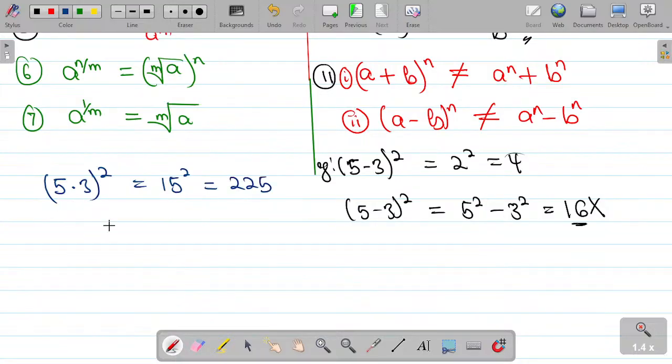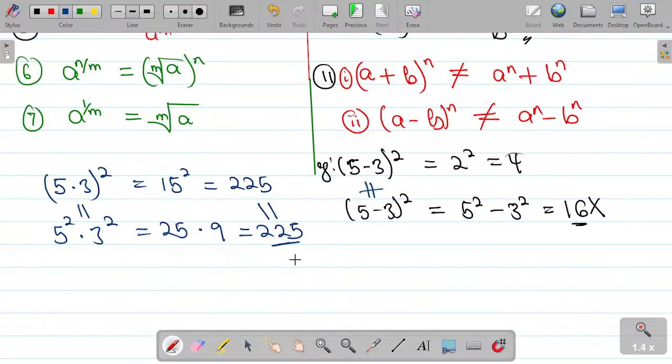Now you will see that this is going to be the same if you distribute the power and then multiply. So you are going to have 25 multiplied by 9. Of course, 25 times 8 is 200, and then plus the remaining one, that's going to give you 225. So you see, both of them gave you the same answer. That's to say that this is equal to this. But in the case of subtraction, they are not equal.